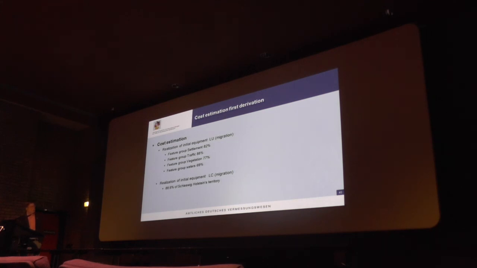So it's not so expensive. The remaining 15% we have to create manually. For the land cover in Schleswig-Holstein it is approximately 88%, but the intention is to get the land cover information from remote sensing. So this is just a theoretical calculation.